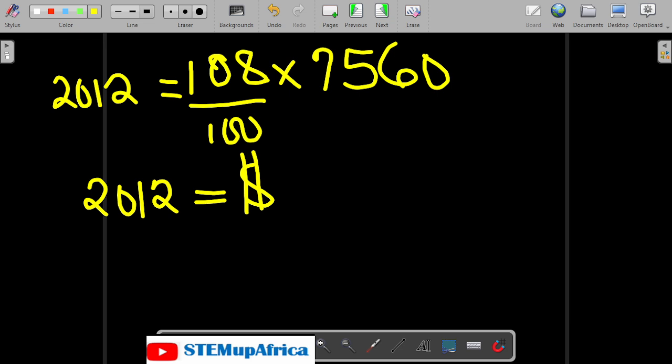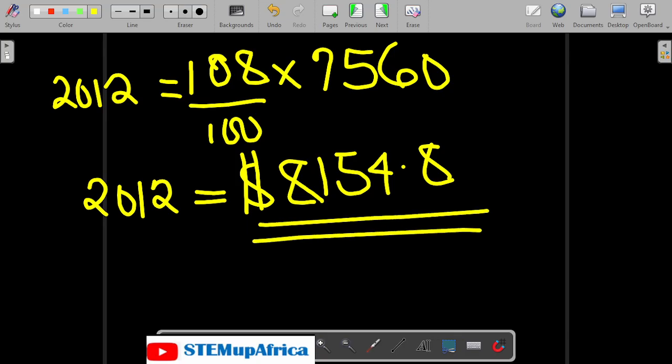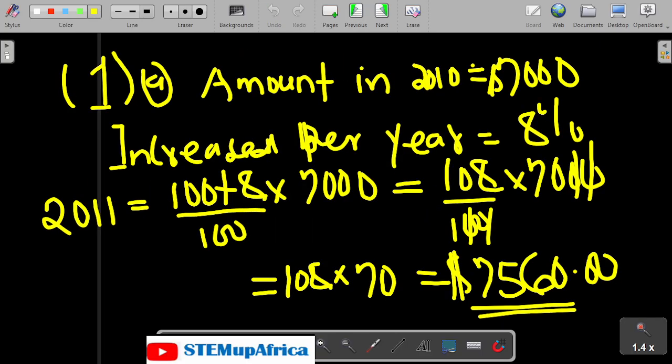That will give us 8164.8. So if you got this answer correctly in your exam, then that means you've got question 1 perfect, and full marks will be given to you. So let's go to question B.